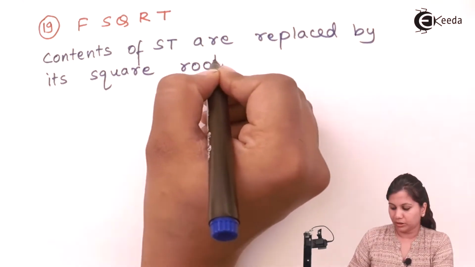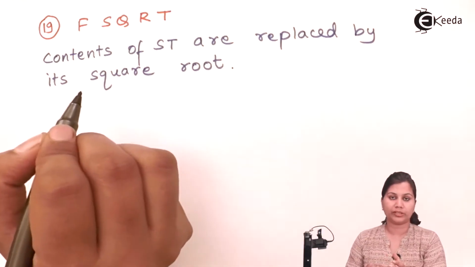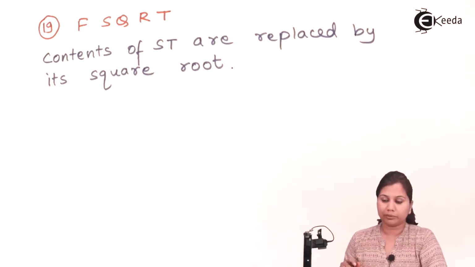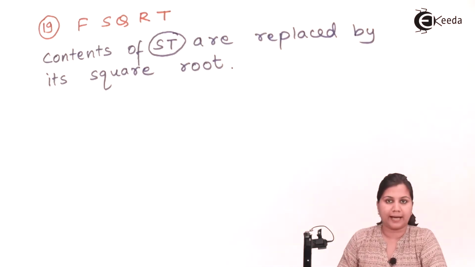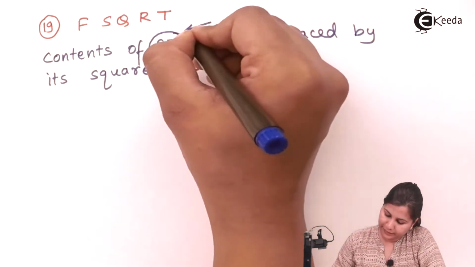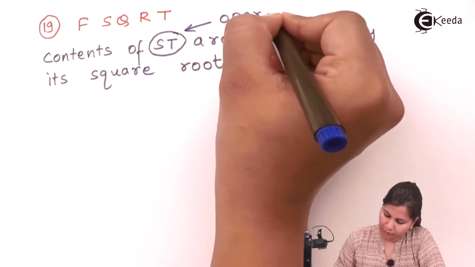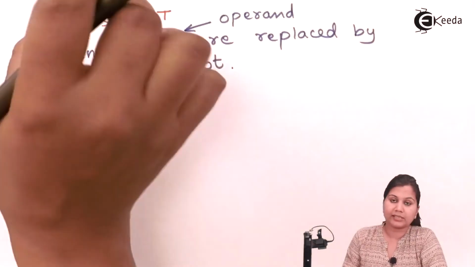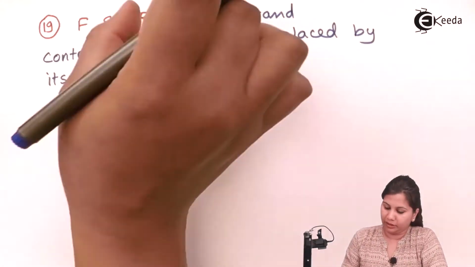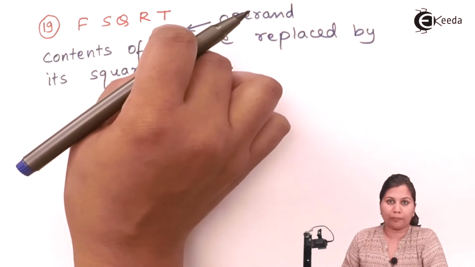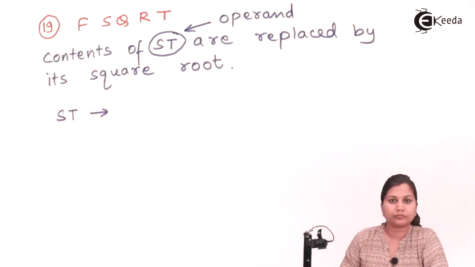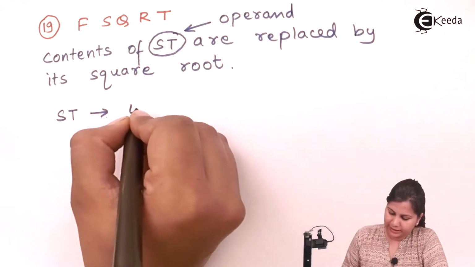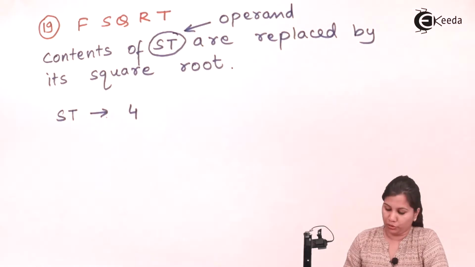So here the number whose square root is to be found out is in ST, that is the top of the stack. So our operand is implicit, that is, it is predefined. The number is there in the top of the stack, that is ST. Suppose in ST we have 4.